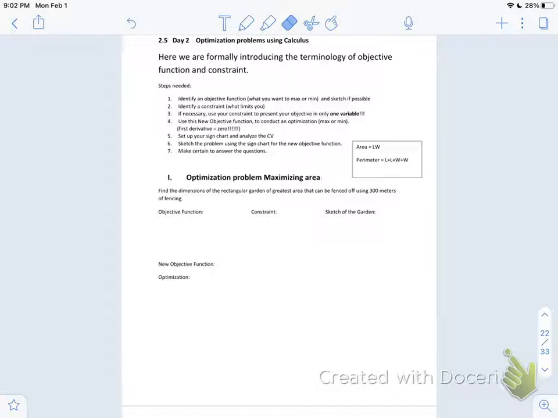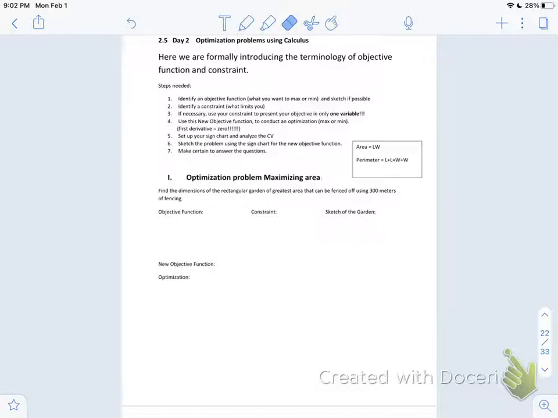Step 3, if necessary, use your constraint to present your objective in only one variable. Step 4, use this new objective function to conduct an optimization. Step 5, set up your sine chart and analyze the CV. Step 6, sketch the problem using the sine chart for the new objective function. And Step 7, make certain to answer the questions.